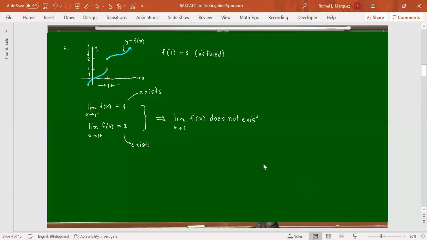After the next meeting, we will also have a numerical approach. You will be given equations this time, and no longer a graph. Here, determining the behavior of f of x, that is the limit of a function through a graph, is because I want you to understand limit in a concrete or visual form.